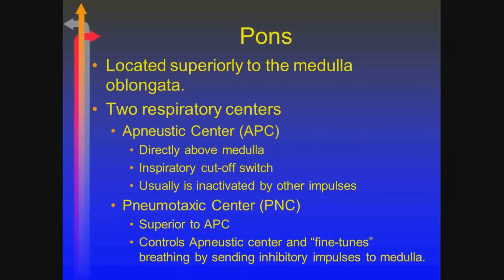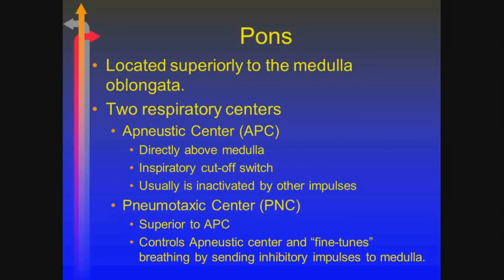The apneustic center basically then takes over and says, okay, Mr. Impulse, you've been going long enough, I'm going to cut you off. So something's got to start the impulse to breathe, and something's got to stop that impulse from continuing to innervate the diaphragm. The thing that causes it to stop is basically the apneustic center.